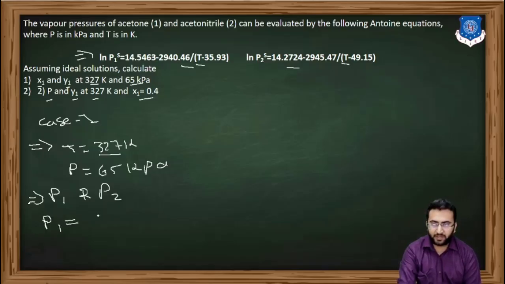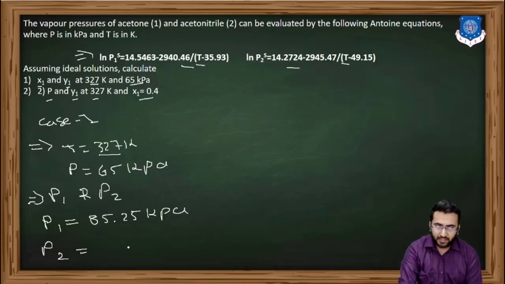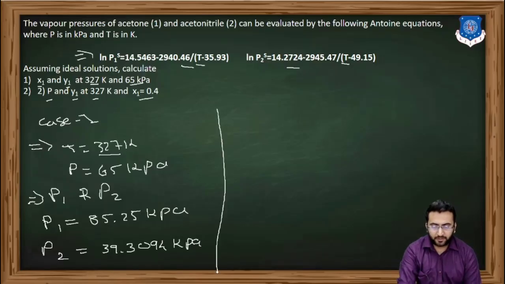So P1 is equal to 85.25 kilopascal, and P2 becomes 39.3094 kilopascal.